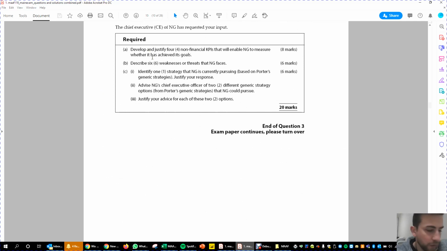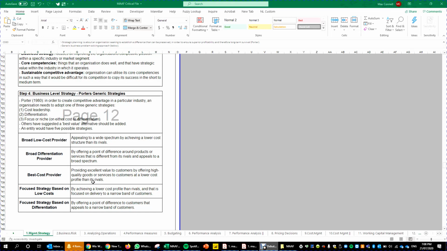For Part C, we have to identify one strategy that NG is currently pursuing based on Porter's generic strategies. Porter's generic strategies can be found in the notes in Chapter 1, Management Strategy, around row 720. We've got 5 different kinds: broad low-cost provider, broad differentiation provider, best cost provider, focus strategy based on low cost, and focus strategy based on differentiation.